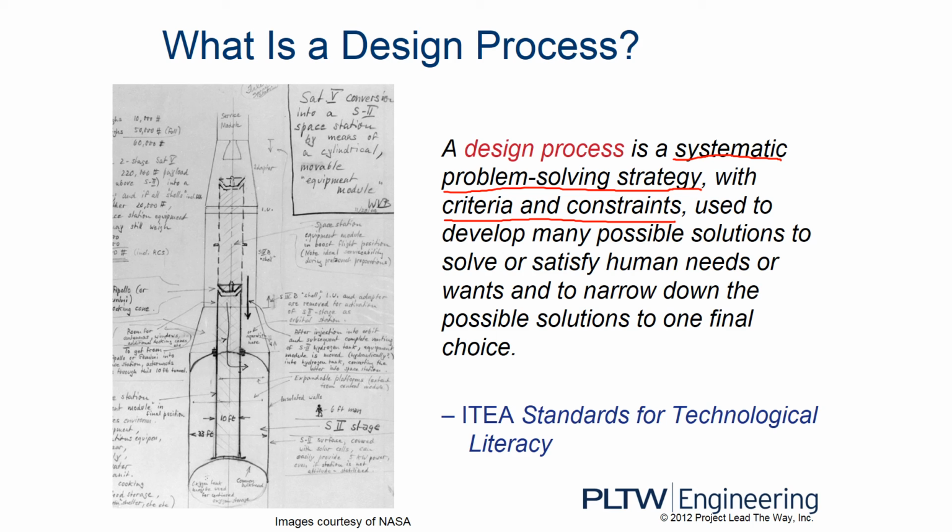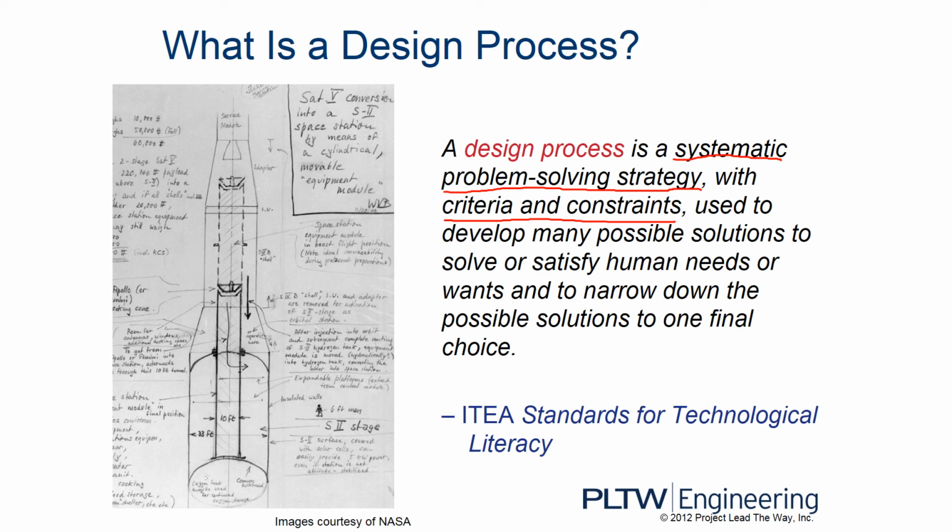Criteria are what it must do, and constraints are what it must not do. Used to develop many possible solutions and narrow down the possible solutions to one final choice. So the design process is a way to solve problems that takes many possible solutions and picks the best one.